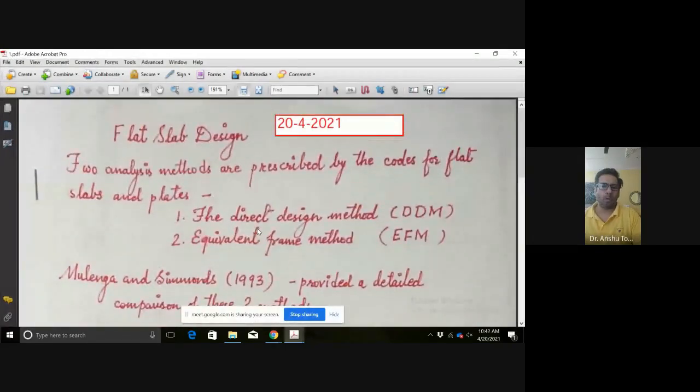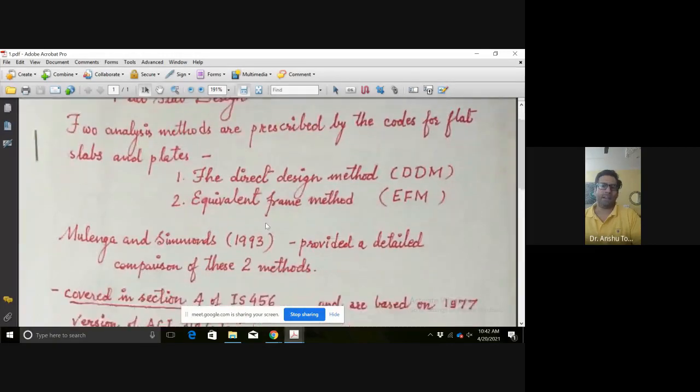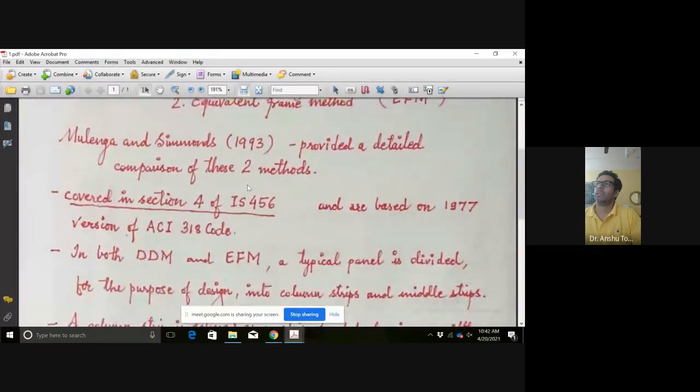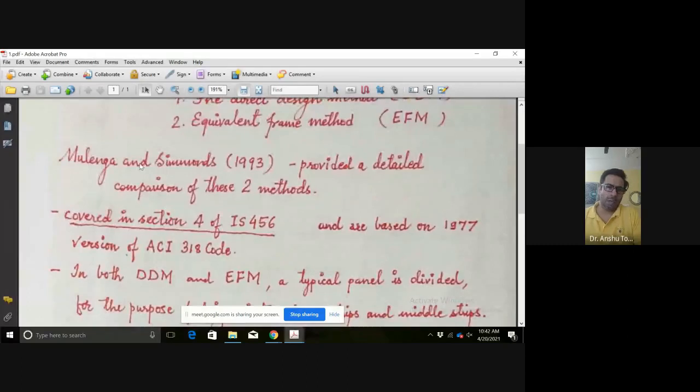So there are two methods of analysis of flat slab, that is the direct design method and the equivalent frame method. Now we will see what these methods are and where the difference lies. I have cited one research paper here in the book.